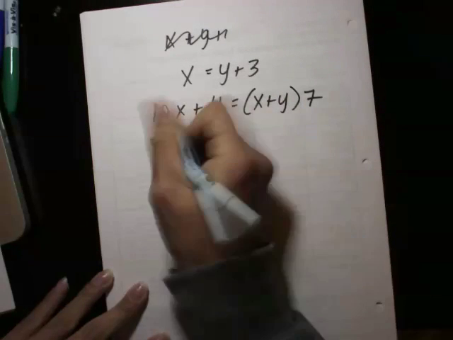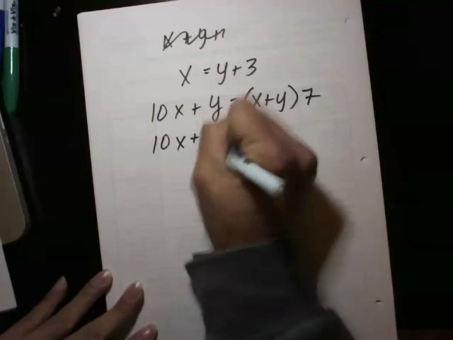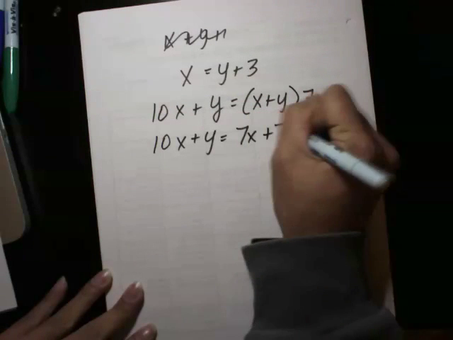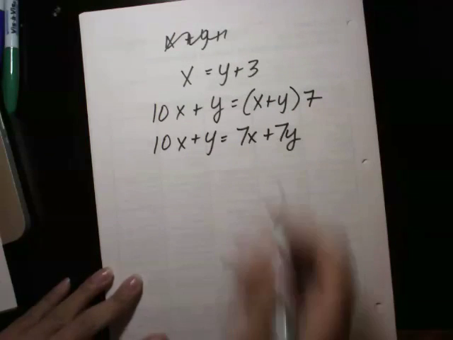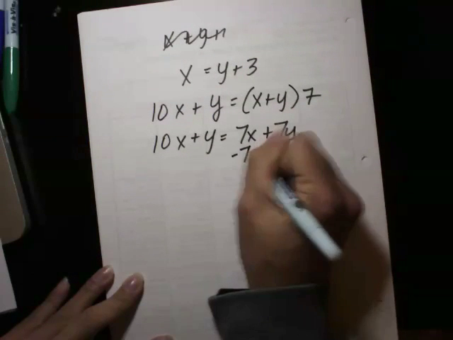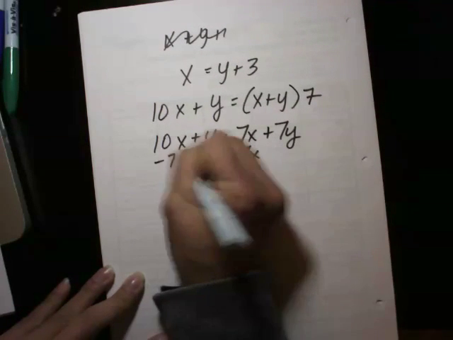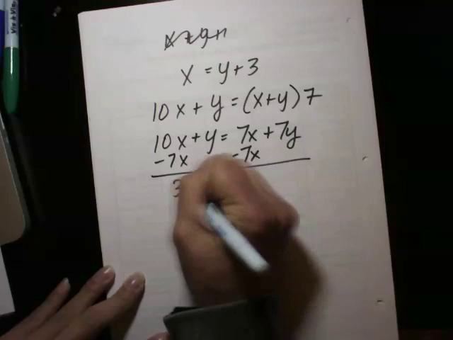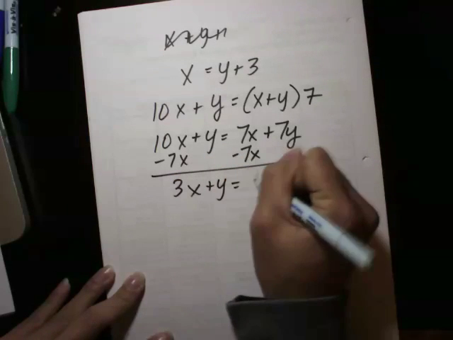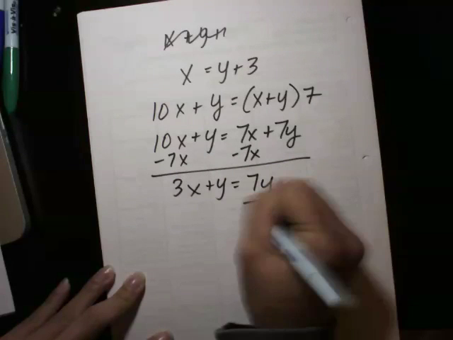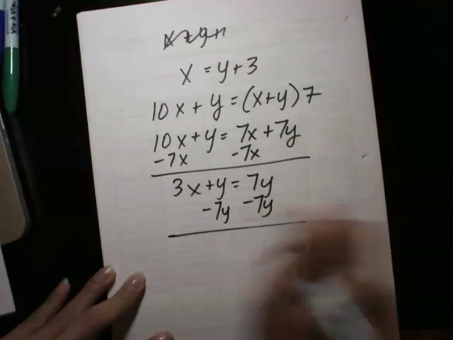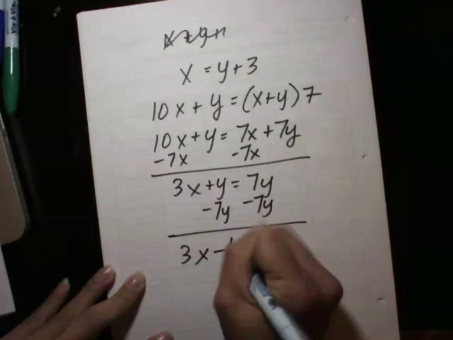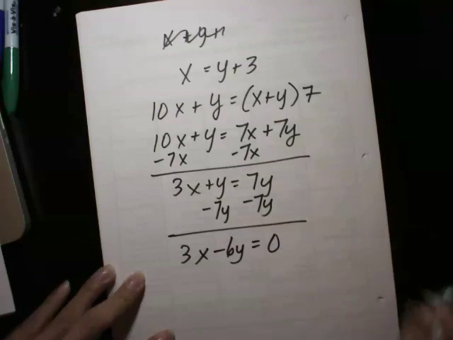So let's distribute and simplify. 7x plus 7y. I'm going to get all the variables to one side. Okay. Subtracting 7x, 3x plus y equals 7y. I'm going to subtract 7y. 3x minus 6y will be equal to 0.